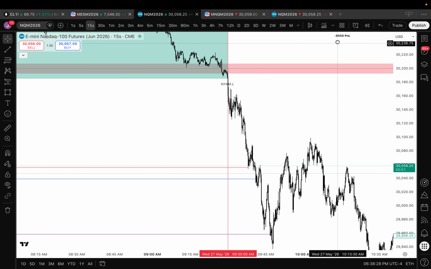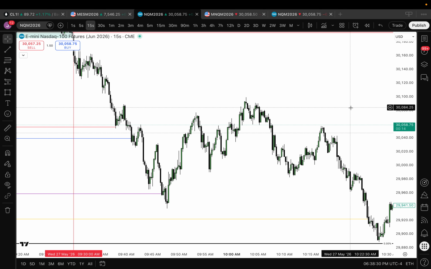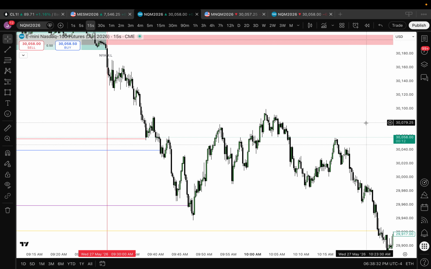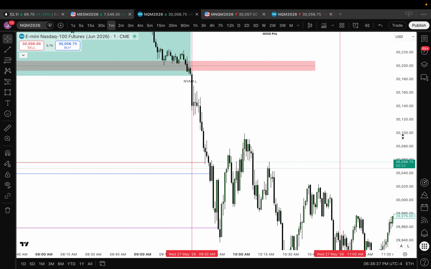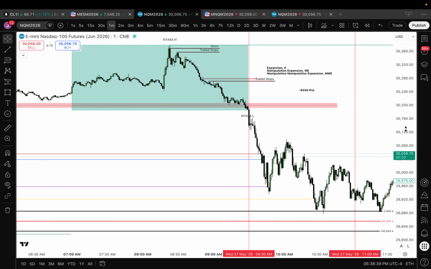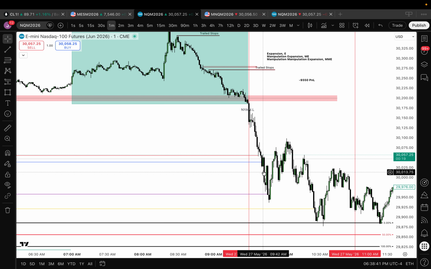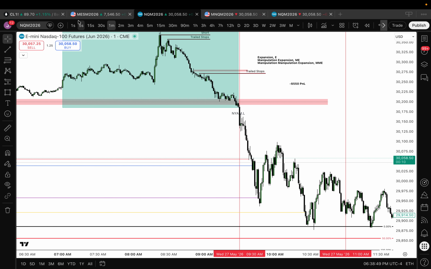I probably took 5 or 6 trades before I finally realized that today was expansion and that I couldn't trade today. I think I stopped trading right here, so I was short or longing throughout this portion, sub 1 minute time frames. But every single day that I've observed that hasn't been expansion, my model's always presented itself.